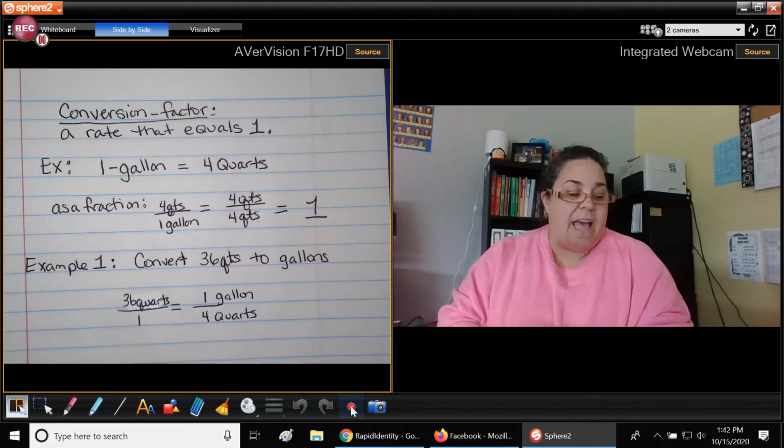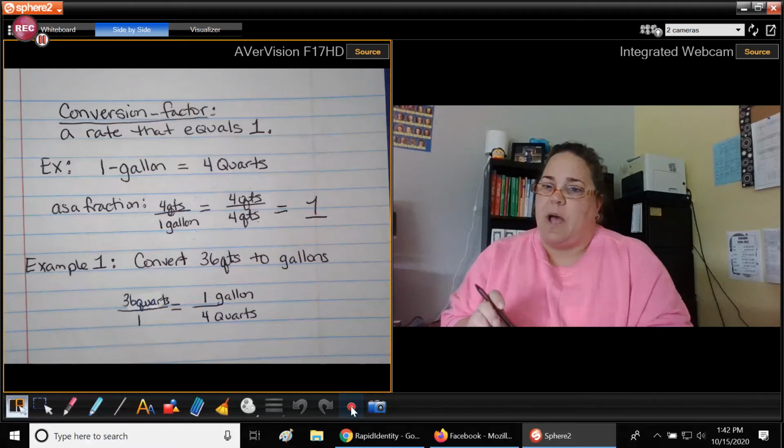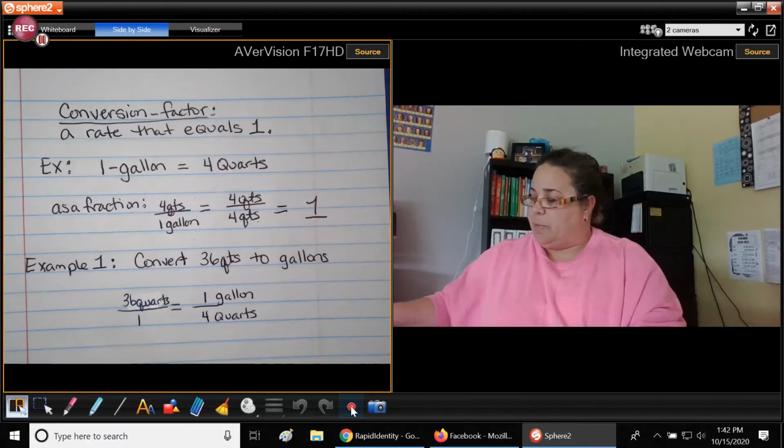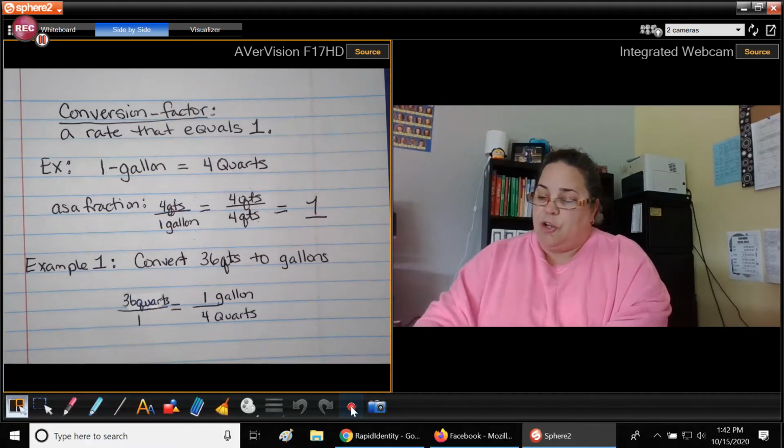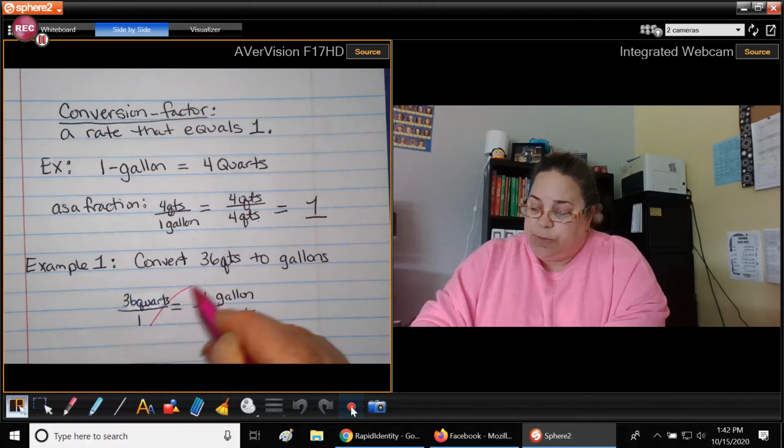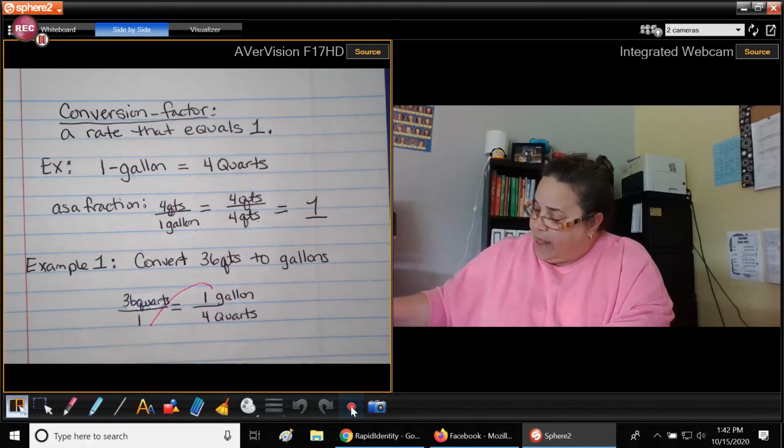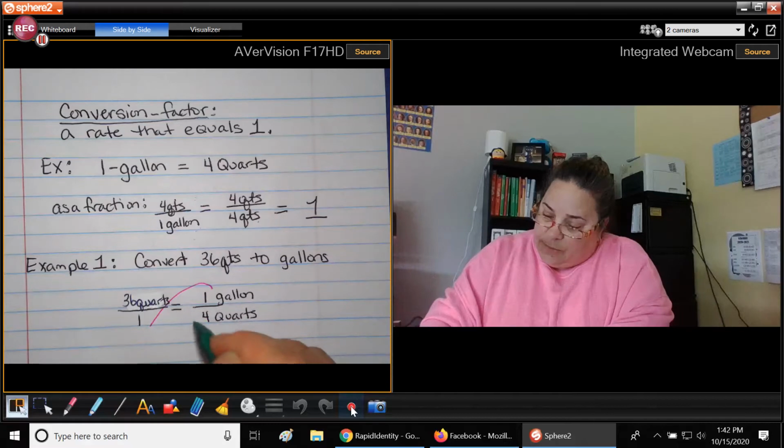Okay, so now what I do is called dividing by using the butterfly method. So I think this is going to be familiar to you guys. You should have learned the butterfly method for dividing a while ago. Okay, so butterfly method essentially means you're going to divide these two, and then you're going to divide these two.